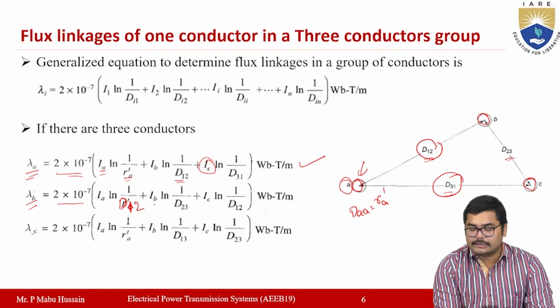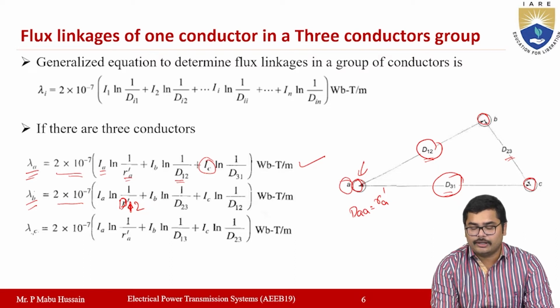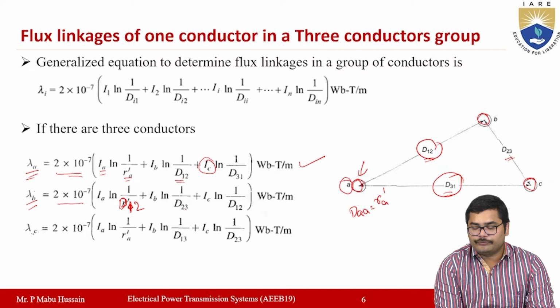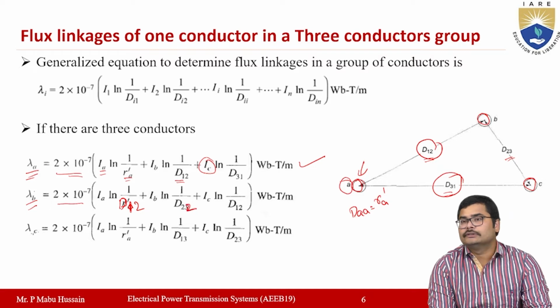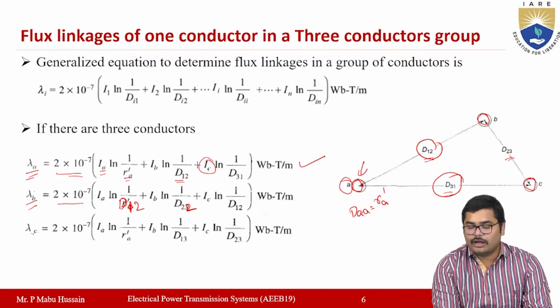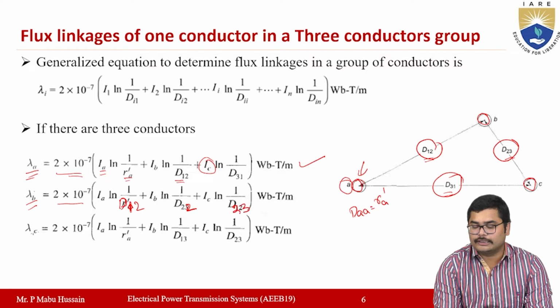So plus the current flowing in the second conductor, IB into 1 by D22 you have to write. Then plus IC into ln 1 by D, the B to C distance, which is D23. So here you will get D23.